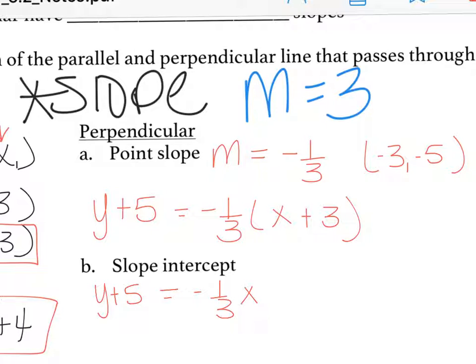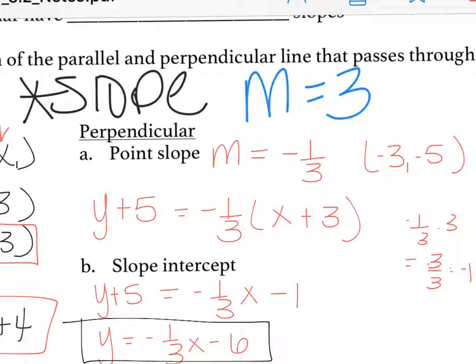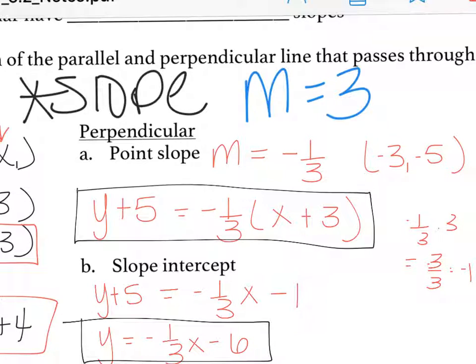This is going to be -1 now, because 1/3 times 3, you just multiply the 1 times the 3. And then we're going to subtract the 5. So you've got y equals -1/3 x minus 6. And that is slope intercept, and this is point slope.